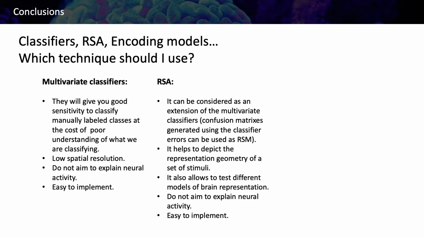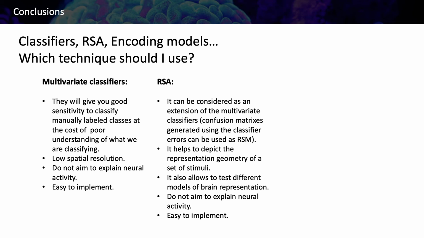Then we have representational similarity analysis. This case is some kind of extension of the multivariate classifier. As I mentioned before, remember that you can use correlation or you can use Mahalanobis distance.